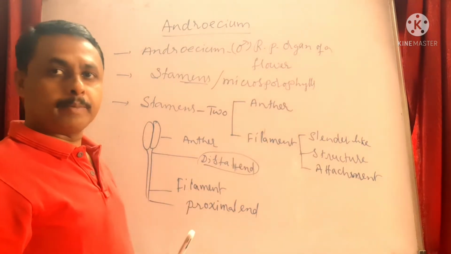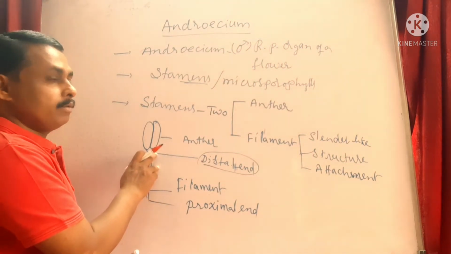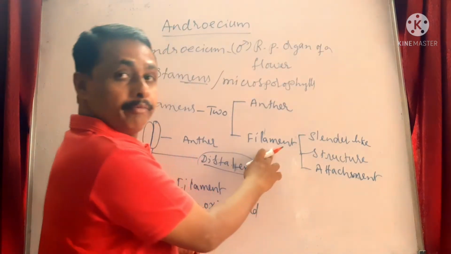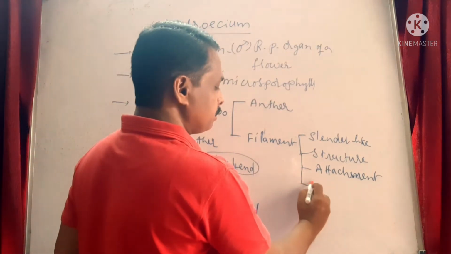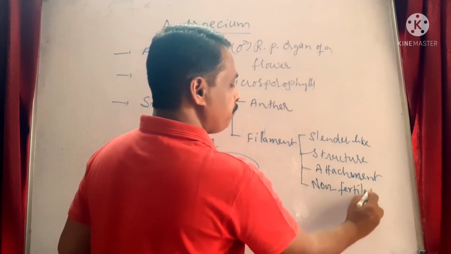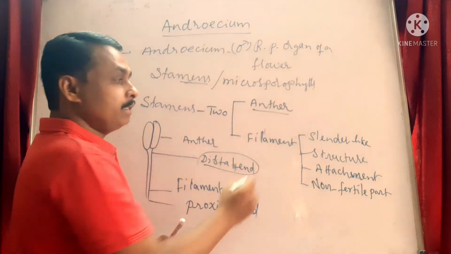And the anther: at the tip of the distal end of the filament, there is a fertile part. Usually, the filament is a non-fertile part, but the anther is a fertile part.